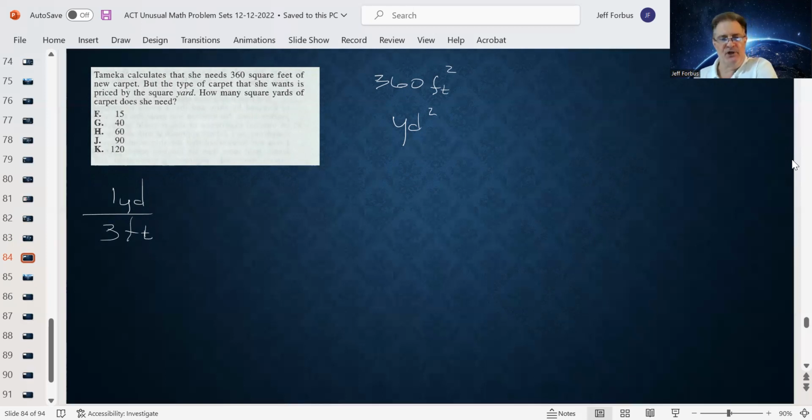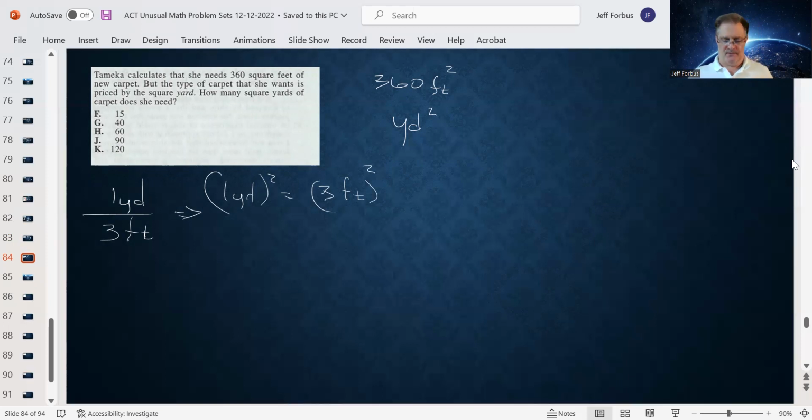So we have to change our conversion factor into squares. So we're going to say 1 yard squared is equal to, or per, 3 feet squared.